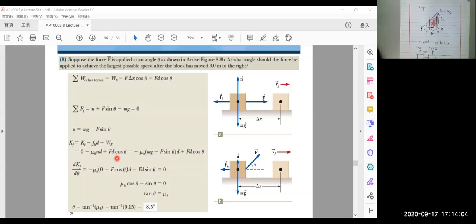So we have an equation. Now it is depending on theta, which makes things quite complicated.